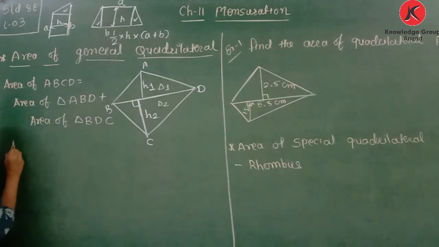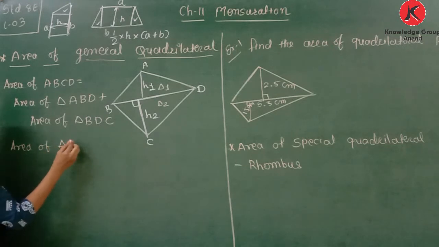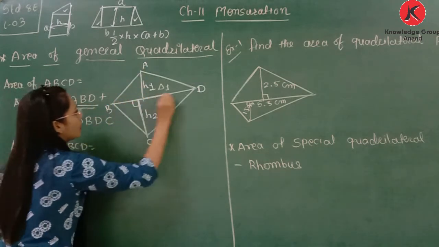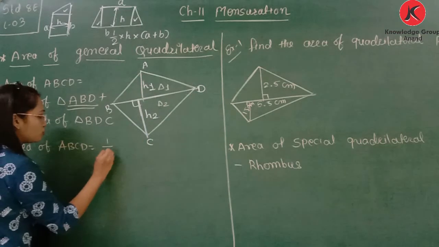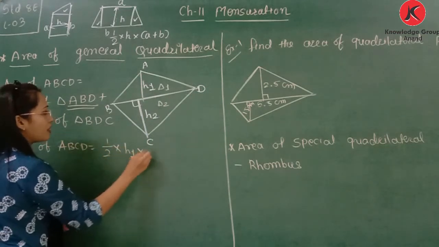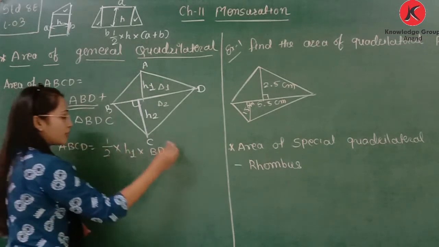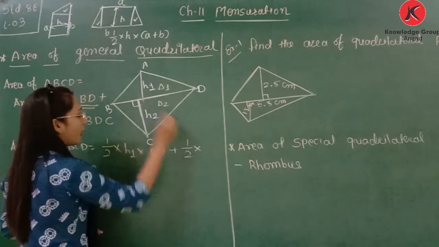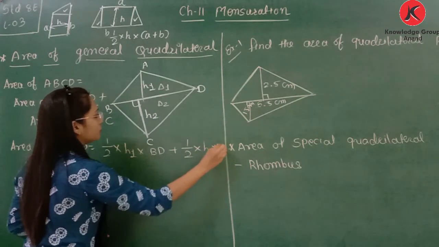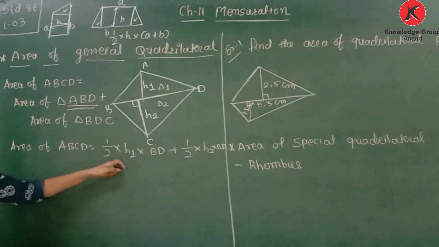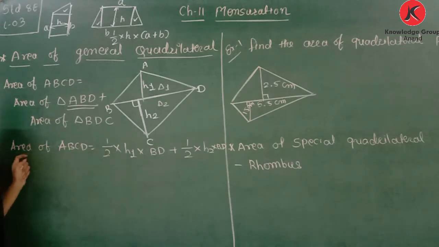So we can write area of ABCD is equal to area of ABD, which is what? Height and base. So it is 1 by 2, height is H1 and base is BD. That is the area of triangle 1. Now area of triangle 2, that is 1 by 2, height 2 multiply BD. Okay, so this is how to write the area of a general quadrilateral.